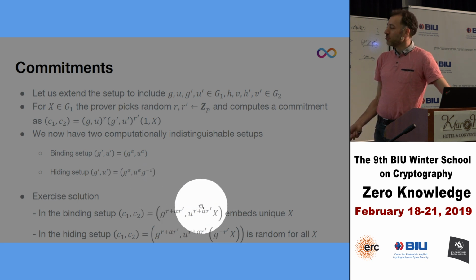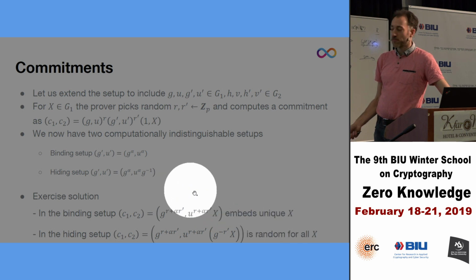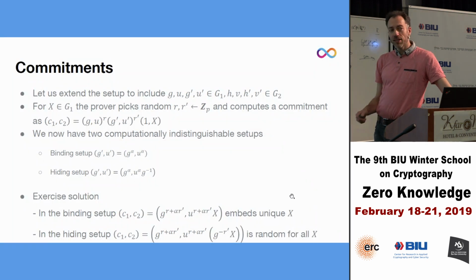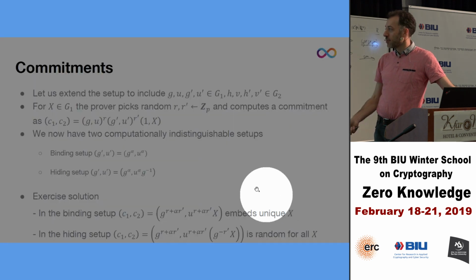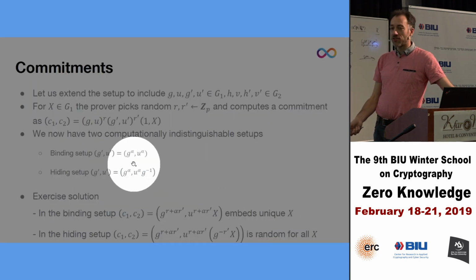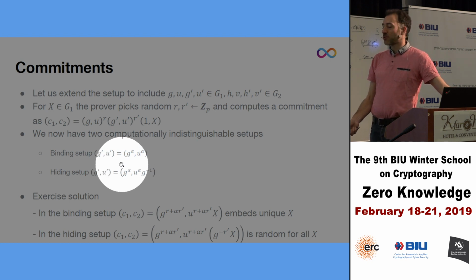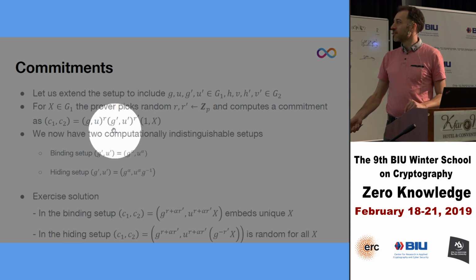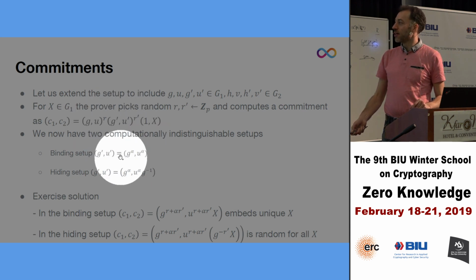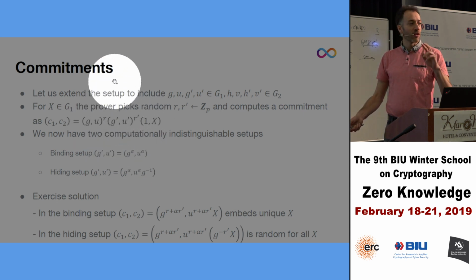If you knew the secret discrete log A, such that you use G to the A, then you can actually decrypt this and get out X. But things change when we're in the hiding setup, because in the hiding setup we have this G inverse. What it really makes sure is, if you look under the hood of these 2 pairs, GU and G prime U prime, that they're not linearly dependent anymore.